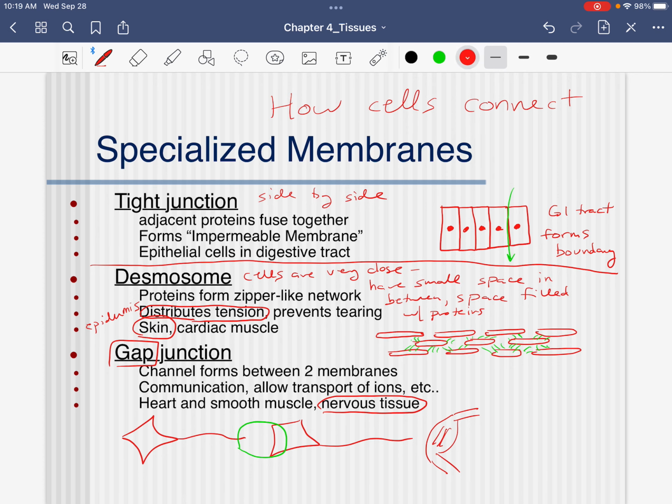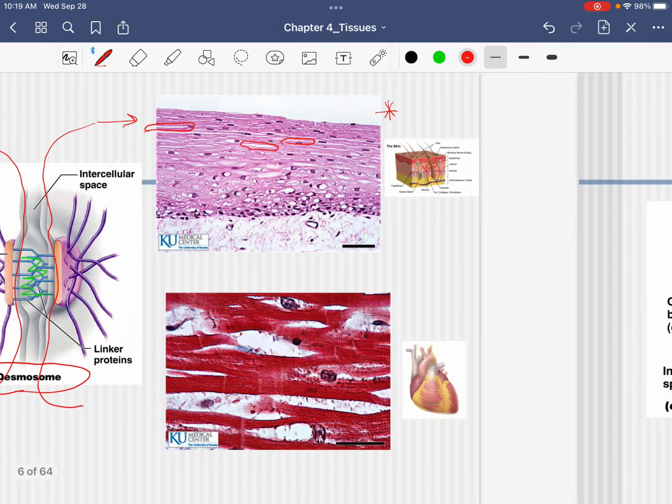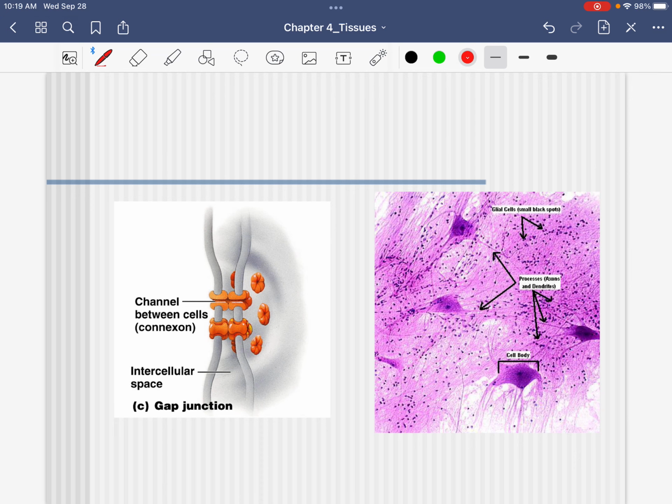Now, of course, when you look at it under a microscope, you probably can't really see it. Here's our example of the gap junction, okay? If I have, here's one cell body with a long extension. Let's say that this cell body goes to this one, right? Here's cell number 1.